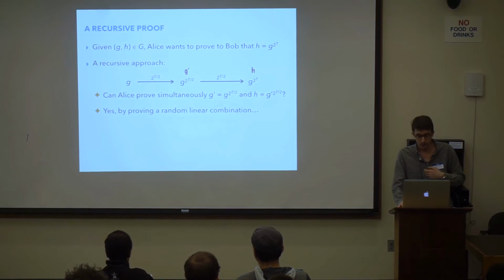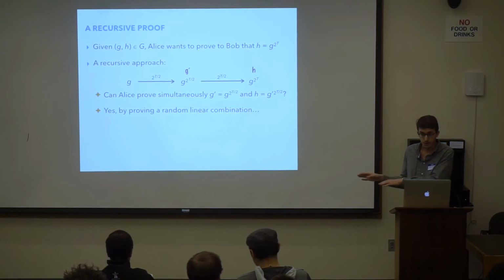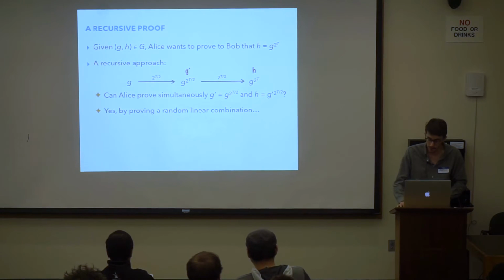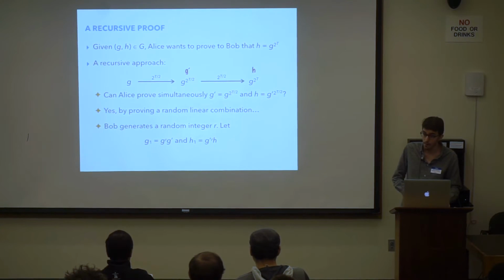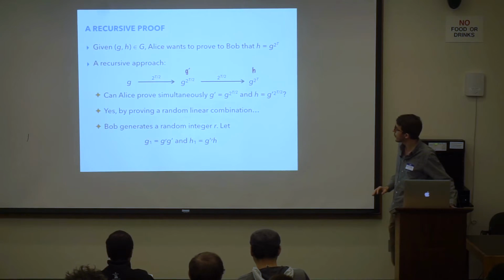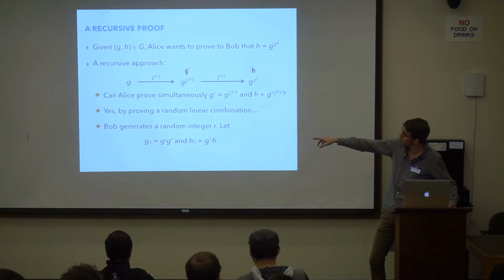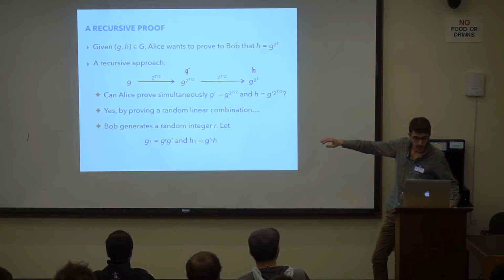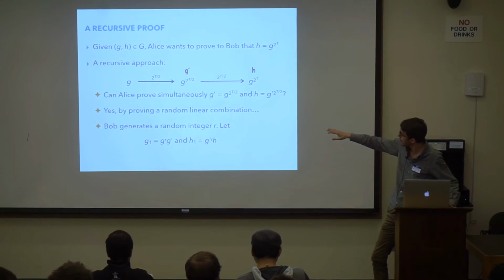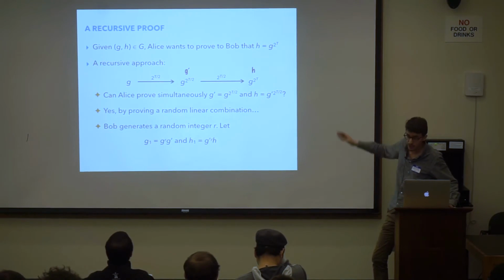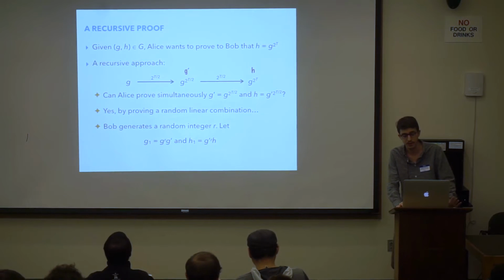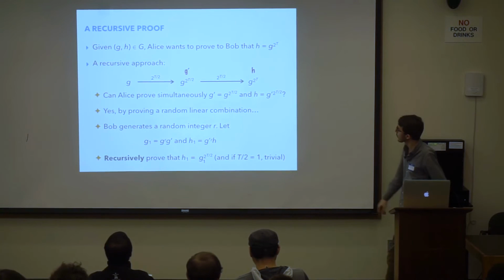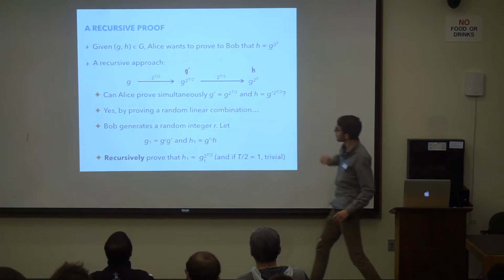To obtain a random linear combination, we're going to let Bob choose how to combine them. So Bob chooses a random integer r, and then we consider the two new elements g1, which is g to the power r times g prime, and h1, which is g prime to the power r times h. Now the statement that Alice is supposed to prove is the linear combination of these two statements.